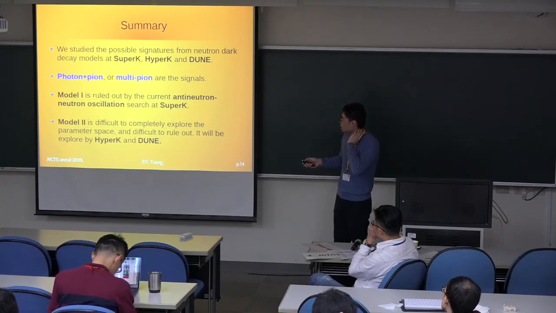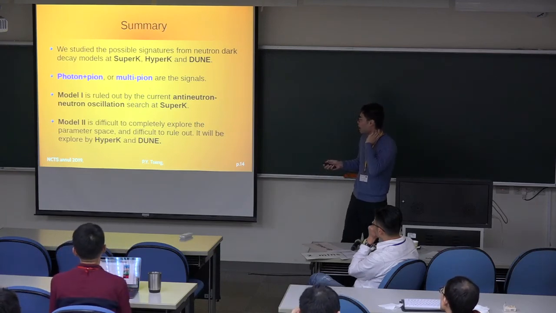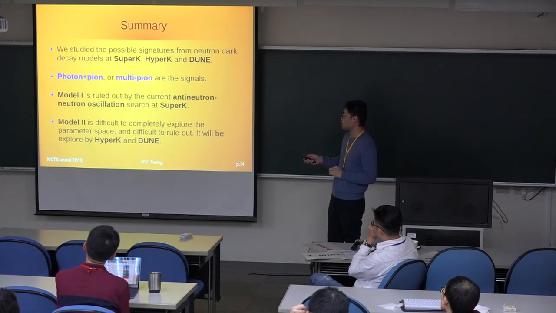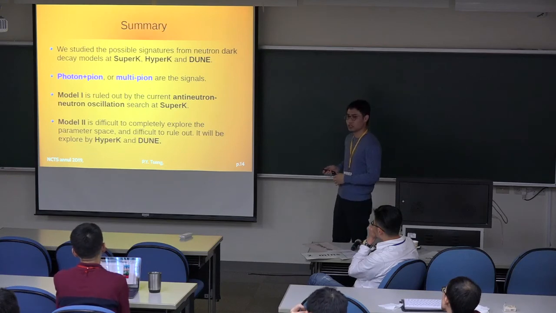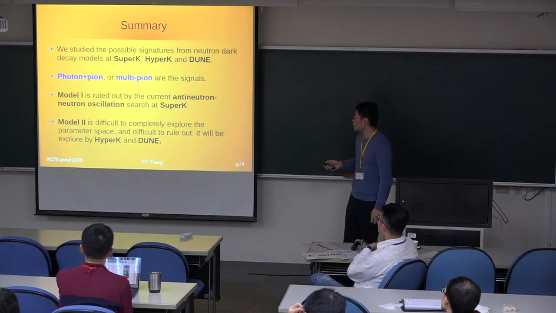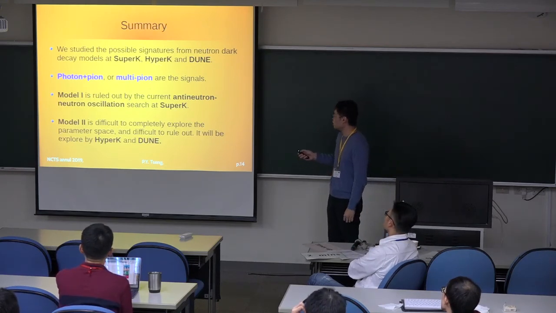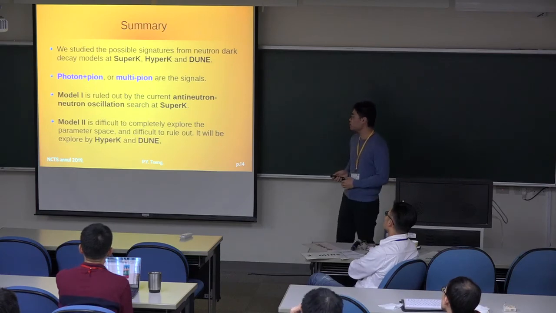We considered the photon plus neutral pion signal, which would be very clean to see. However, the cross section is too small. So as an alternative, we look for the multi-pion signal, which has a much larger cross section.